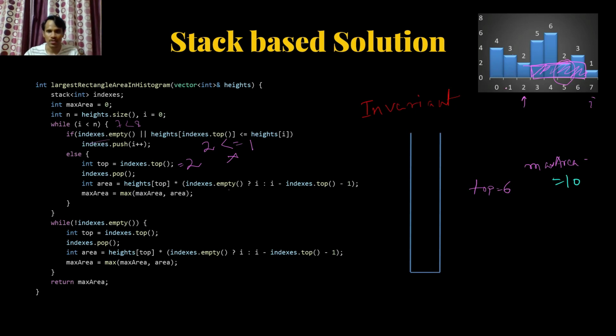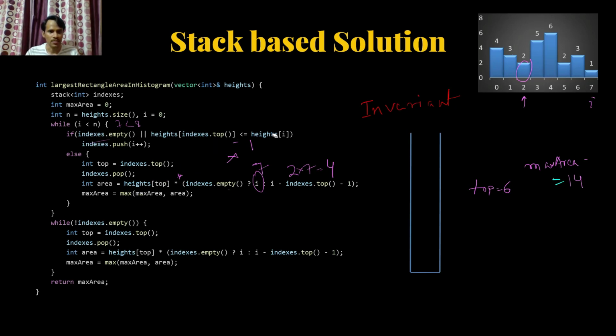So the height of this element is 2 multiplied by, since the stack is empty, we find the total number of elements encountered, which is 7. So this is equal to 2 into 7 is 14. So we update the max area to 14, right?